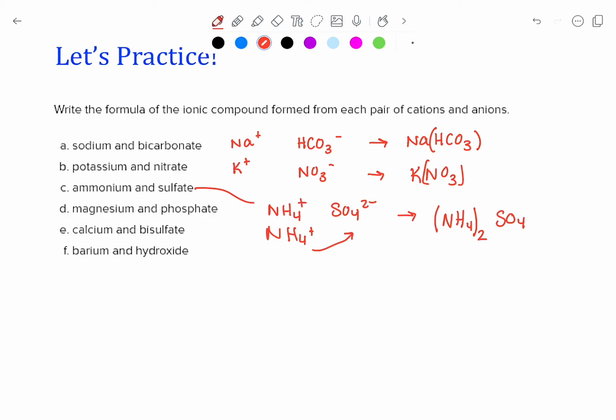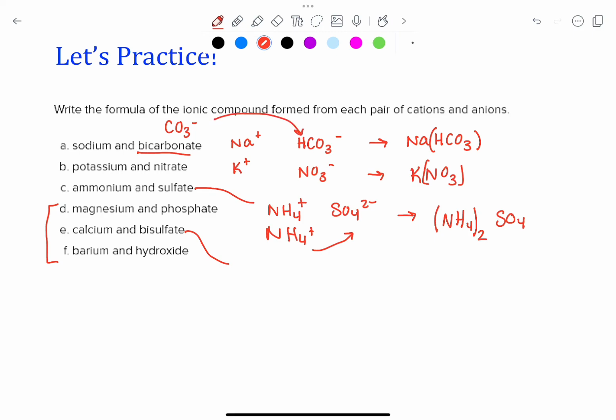Now what I want you to do is try these last 3 on your own. I will make a note that bisulfate is not on our list, but you can deduce what its formula is because we have bicarbonate. Carbonate by itself is CO3 2-.